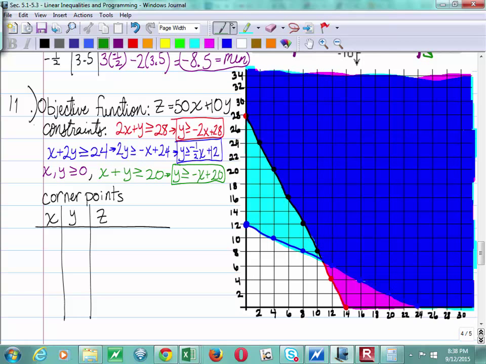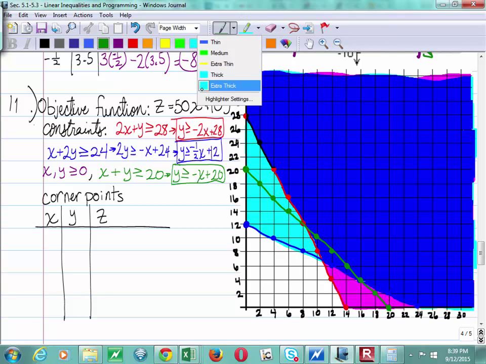Okay, so the y-intercept is at 20, and the slope is negative 1, so just go down 1 and over 1. Okay, and we're shading above that one.